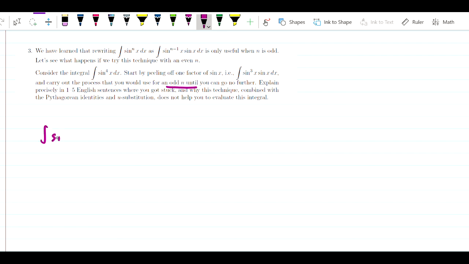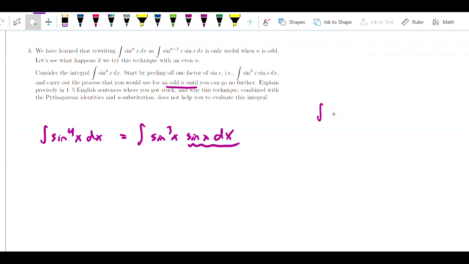So we're going to rewrite the integral of sine to the fourth x dx as the integral of sine cubed x sine x dx. So the idea is that if we had started with an odd n, in other words, if I had started with something like sine to the fifth x dx, I could have rewritten this as sine to the fourth x sine x dx, and I would have said, let's let this be some factor of du.